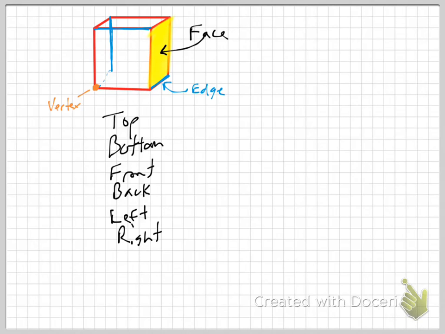Do you see where at least two edges meet here? Like this edge right here. Let's see, what color can I use now? We'll use green. This edge and this edge here, they meet at the vertex. Where the two green edges meet is called the vertex, right? Where two edges meet is a vertex.